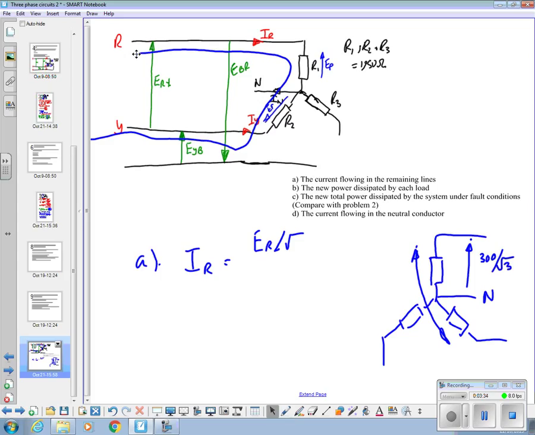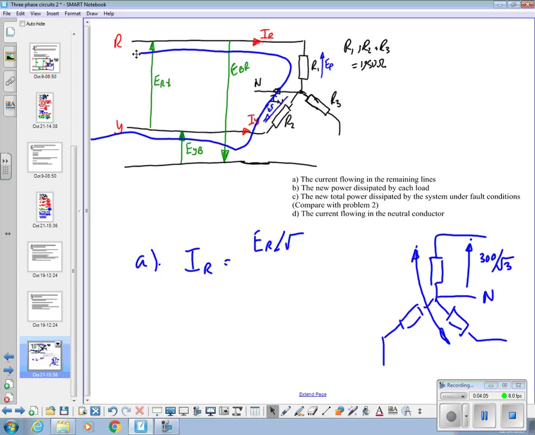So that's still 300 volts between there and there. In theory, of course, on a real system, depending on how big the source is, if you're talking about Sizewell, one load going open circuit isn't going to make a major difference unless that's one phase of, I don't know, a big city like Norwich completely gone. That would make a difference.